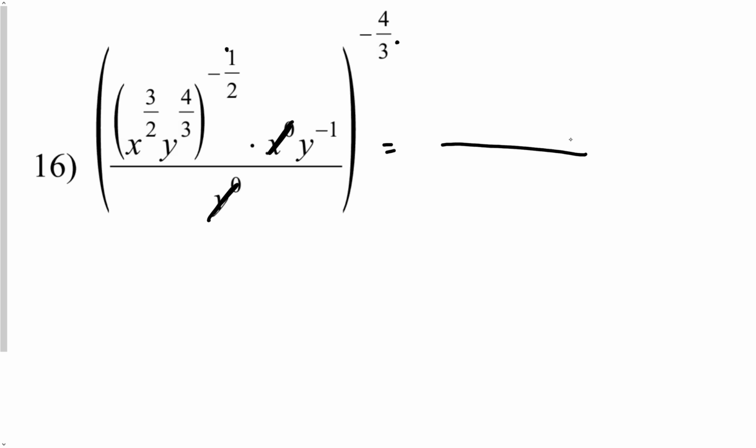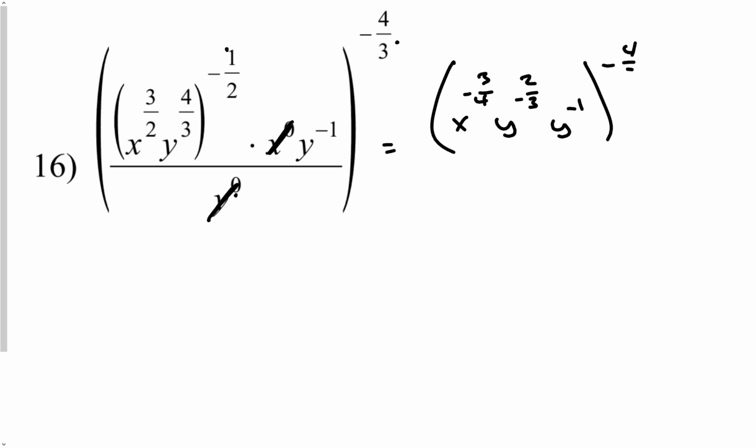So this turns into x to the negative 3/4, y to the negative 4/6, which is 2/3, y to the negative 1. Nothing left on the bottom, so I didn't even need this fractional bar because I canceled out that. All raised to the negative 4/3 power.